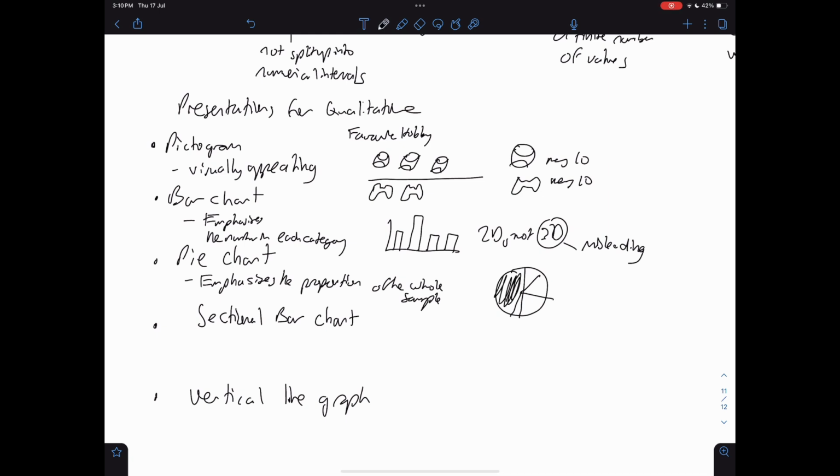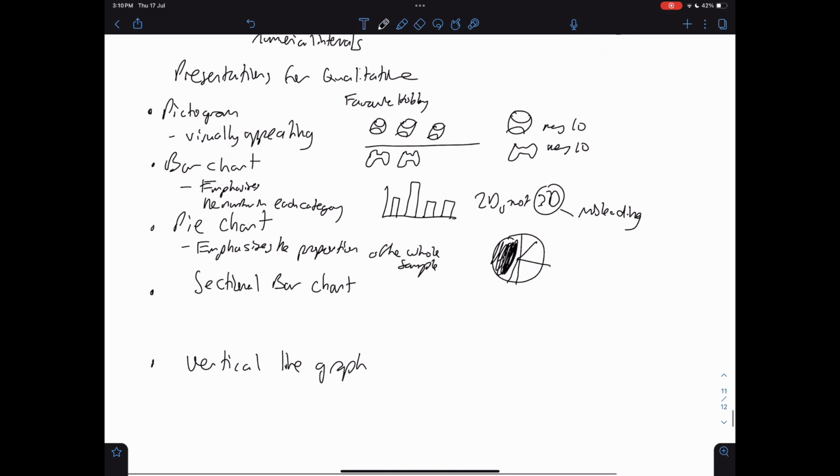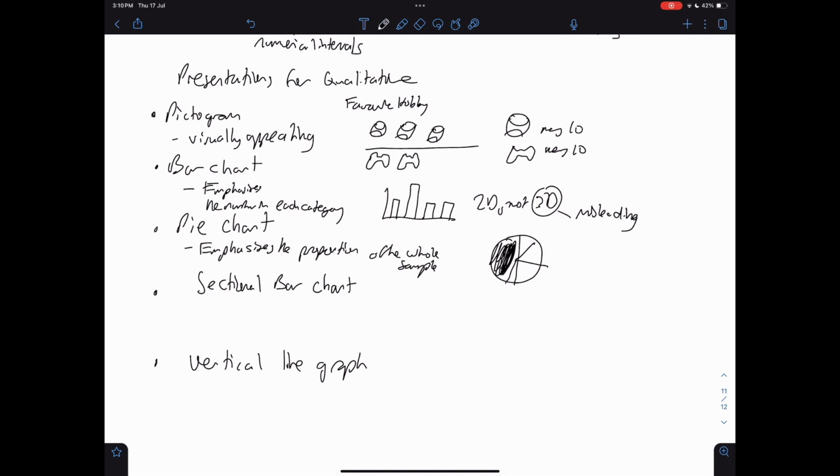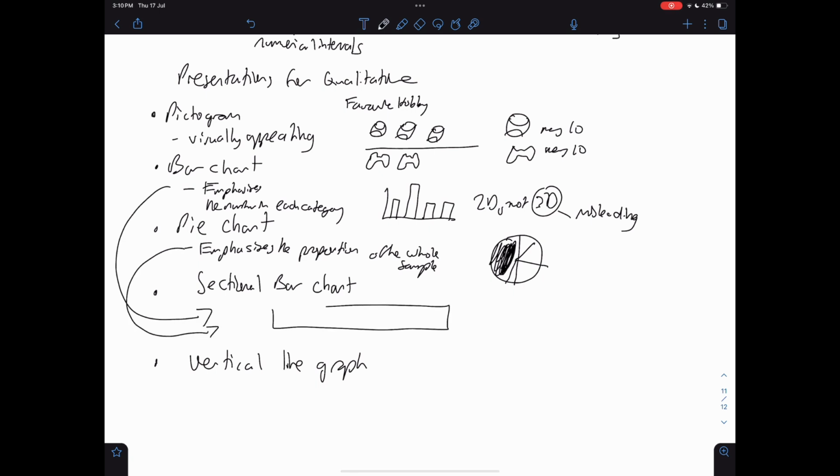It might want to show that this one has by far, nearly half of the whole sample. Now a sectional bar chart does both of these things, and it will look like this. And then you'd have a scale with numbers, so it could be 10, 20, 30, 40.